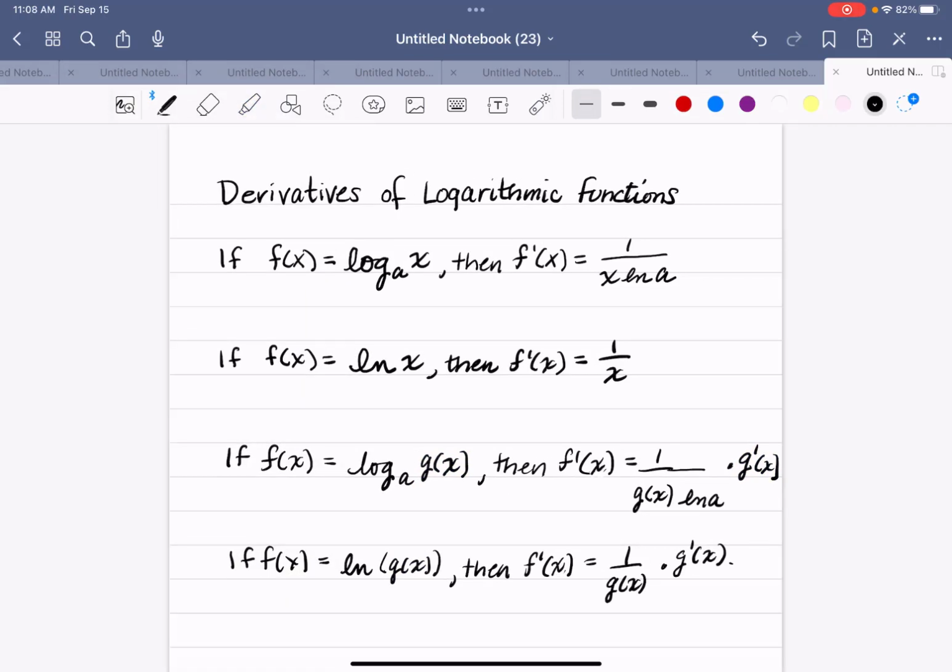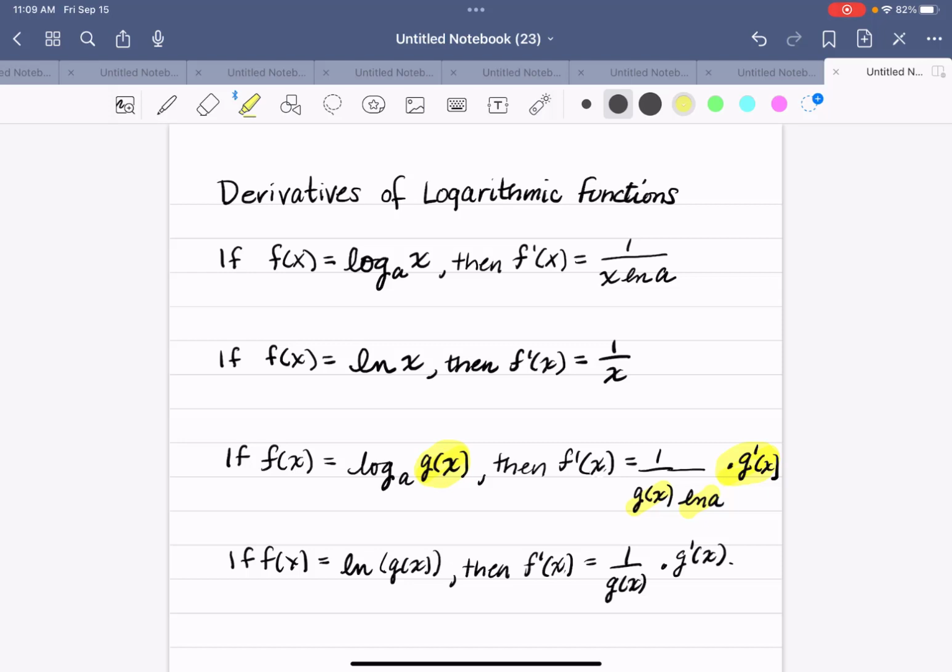However, if f of x is the log base a of a differentiable function, g of x, then when you take the derivative, it's 1 over the original function, natural log of the base, and then you have to do the chain rule by taking the derivative of this part, which is called the argument of the log. So make sure you multiply that at the end by applying the chain rule.